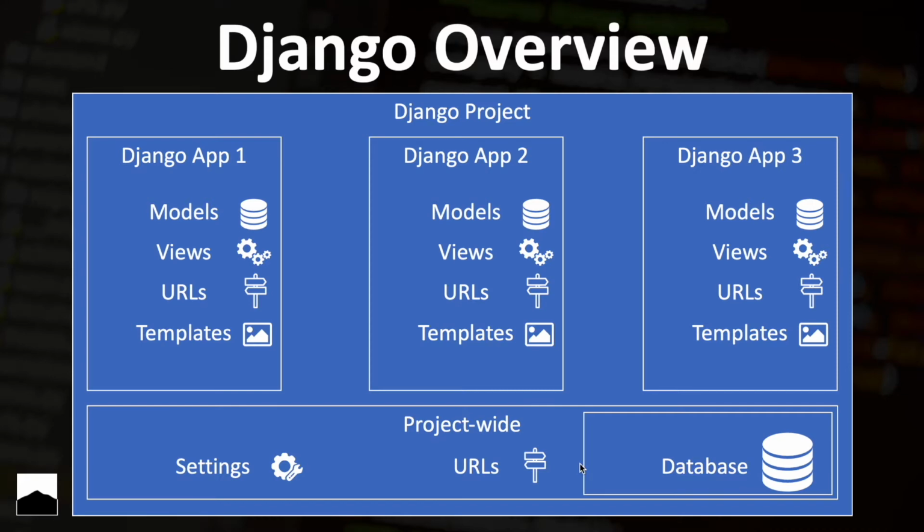So let's talk about each component. Models is where we keep our Python models as a class. Each model is a class, and each model represents a separate table in a database. So after doing the migrations, we synchronize our Python-based models with the database. Then we have views.